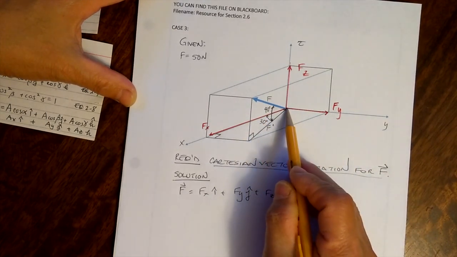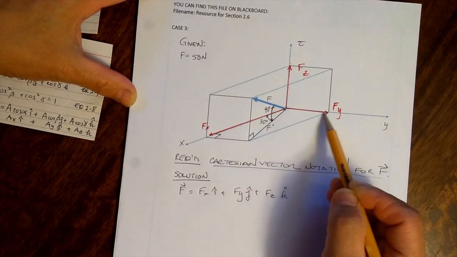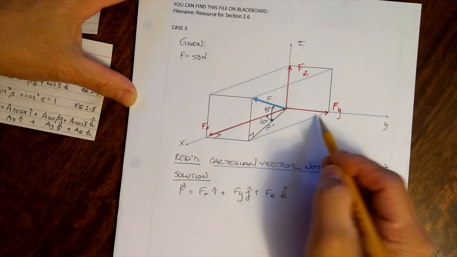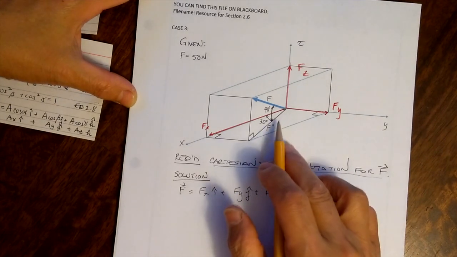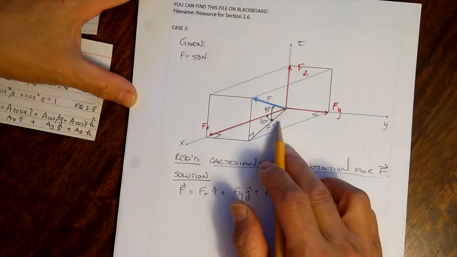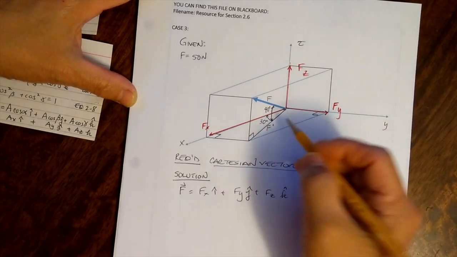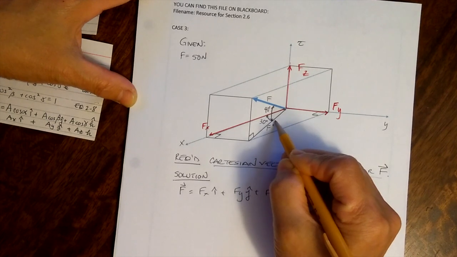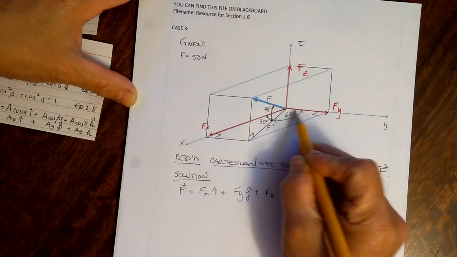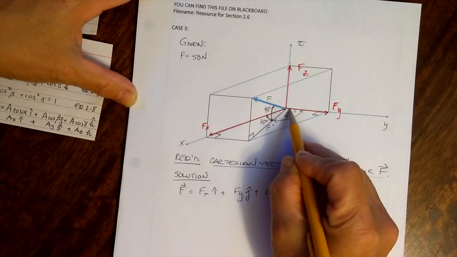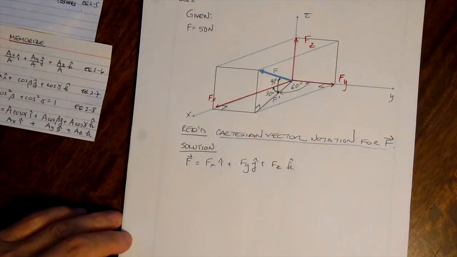And finally, to find F of y, I would use this triangle right here, where it is 90 degrees here. And I'm going to have to find some angles here. For example, I'll have to determine what that angle is, which we know. Because if this is 30, then this is 60 degrees. So therefore, I have a right triangle. I should be able to find F of y.